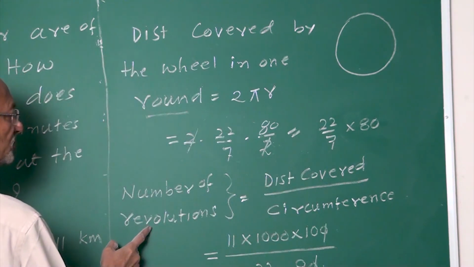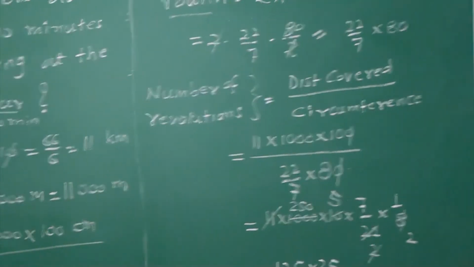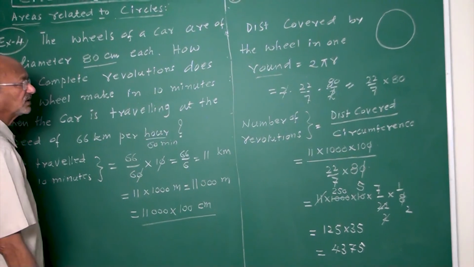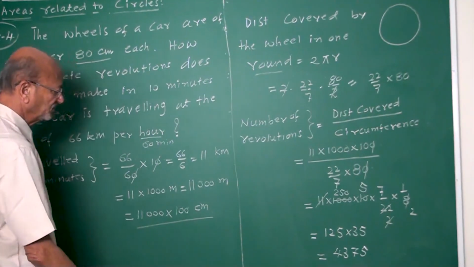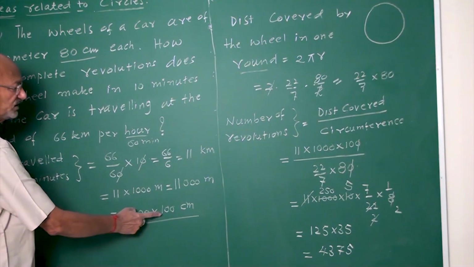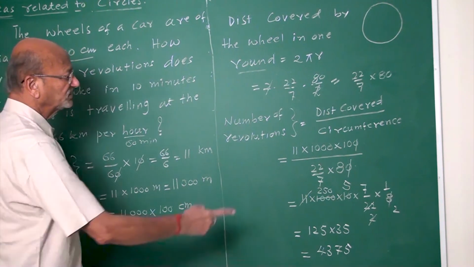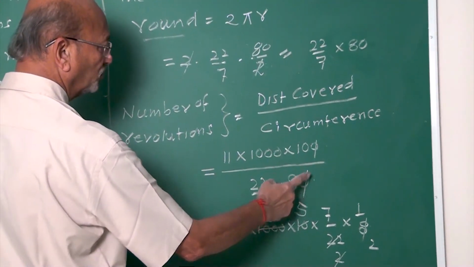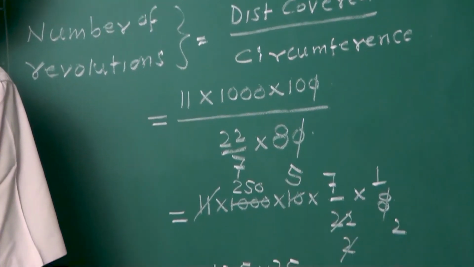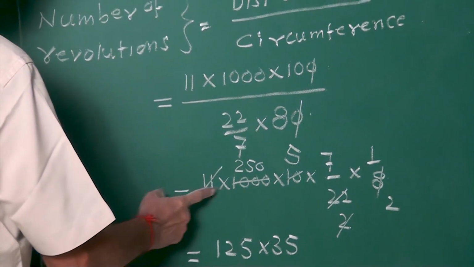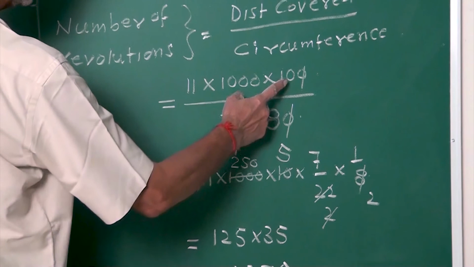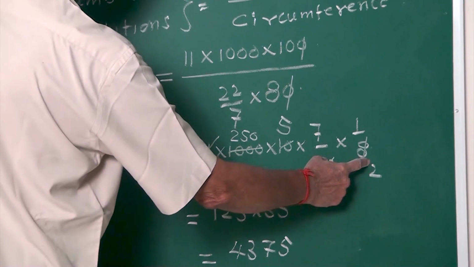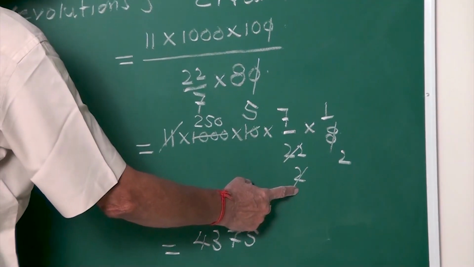Then the number of revolutions is what? Total distance covered upon the circumference, since one round means circumference. The distance covered is 11 into 1000 into 100 upon circumference, which is 22 by 7 into 80. If you simplify this, 0 cancels. 11 into 1000 into 10, 22 by 7 reciprocal, and 1 by 8. 11, 22 cancellation.